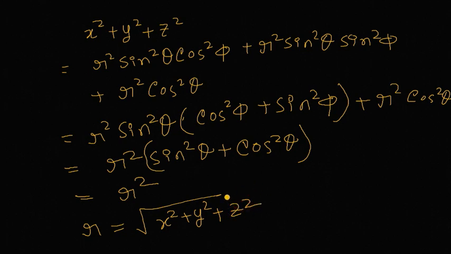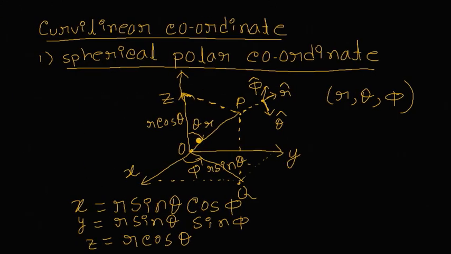So this is how we find the magnitude of this vector. To find theta, we can see that this angle is called theta.